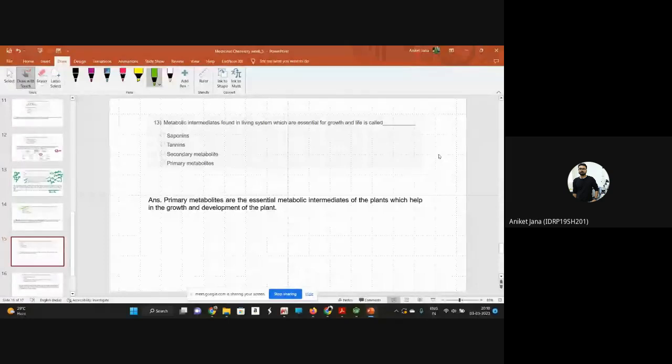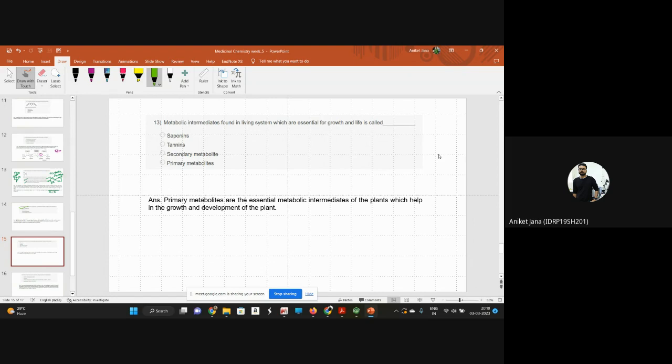And what are secondary metabolites? Can you give an example?